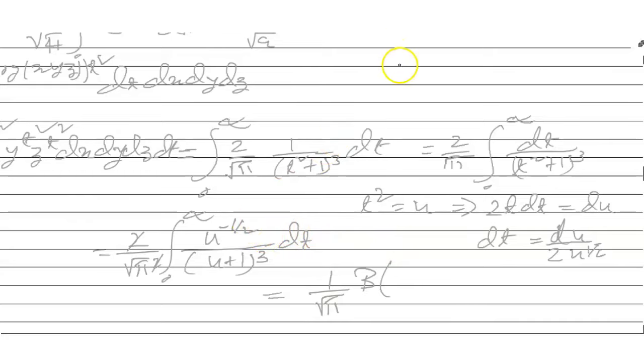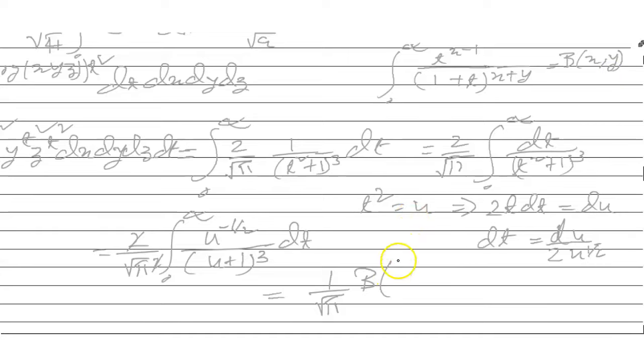This can be written, this formula, 0 to infinity t to the power x minus 1, recall this, and 1 plus t to the power x plus y is equal to beta x comma y.